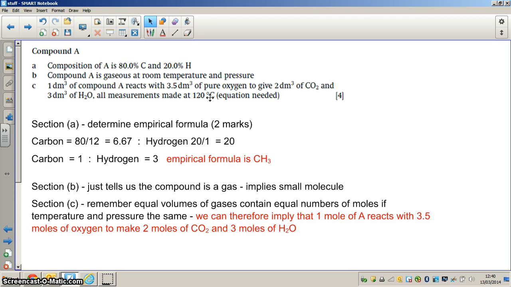Now we need to remember something about gases, and what we need to remember is that under the same conditions of temperature and pressure, equal volumes of gas contain equal numbers of moles.